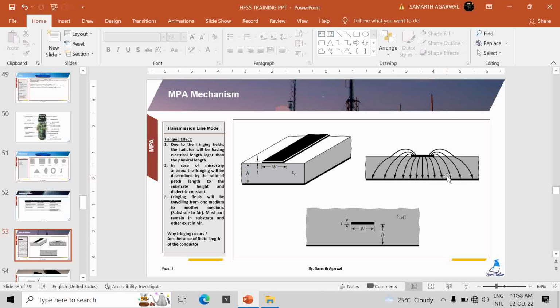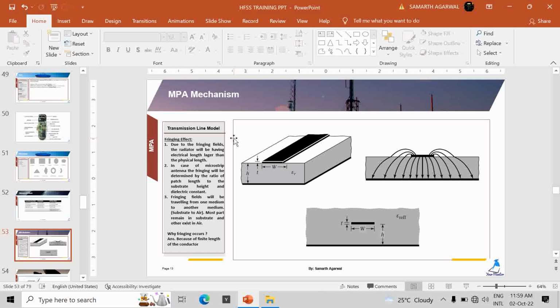At the lower frequency, the wavelengths will be higher, so the field will also travel more. Similarly, in the case of higher frequency, fields cannot travel more, and they will be confined very strictly to the substrate. As you can study on the left side, I have included what the fringing effect is. Due to the fringing fields, the radiator will have an electrical length larger than the physical length.